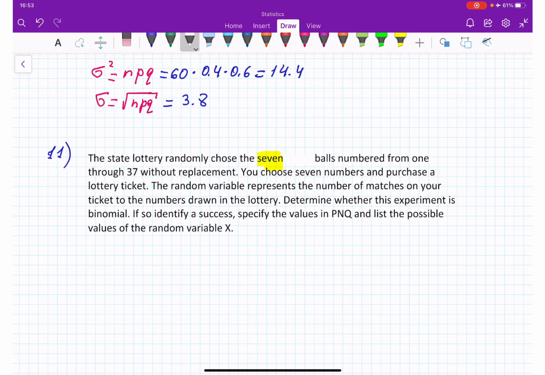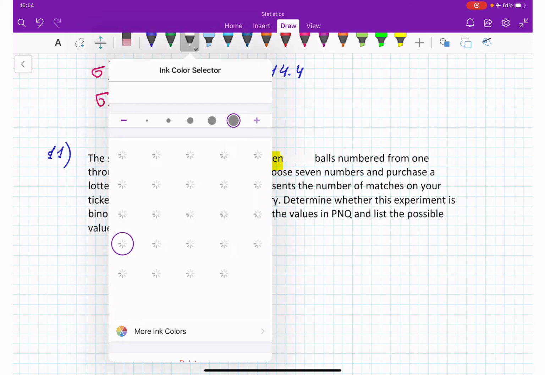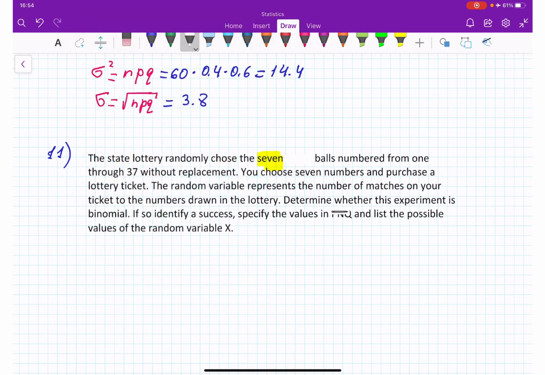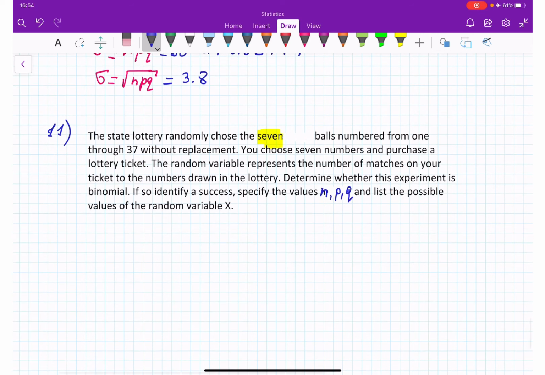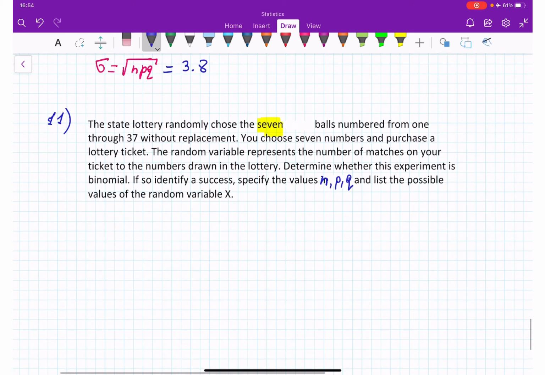If so, identify the values of n, p, and q, and list the possible values of the random variable.